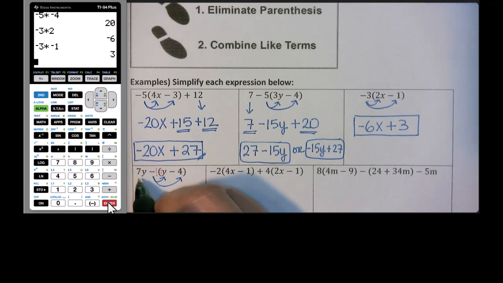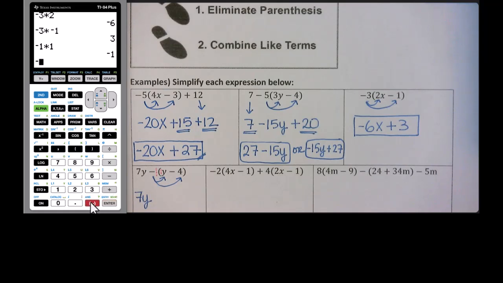So basically, we're going to bring down the 7y. Then we're going to multiply -1 times 1. And the next one is -1 times -4. So we get -1y plus 4. Now, who can we combine?